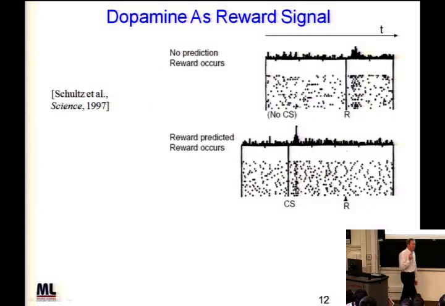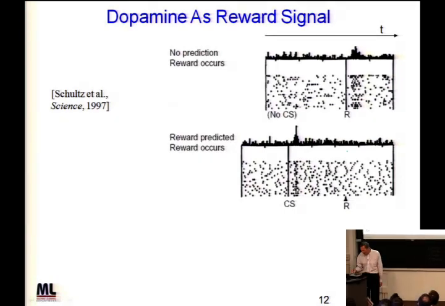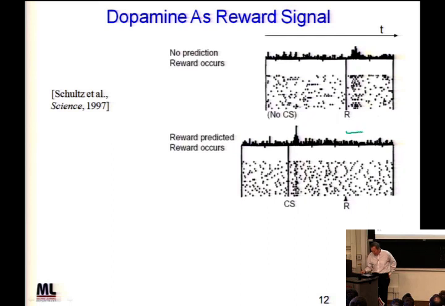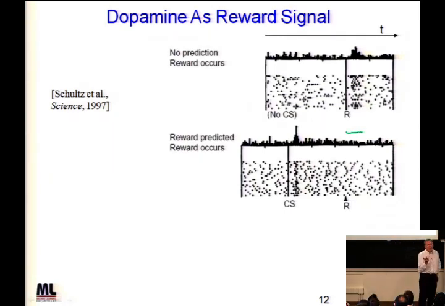Same neuron. So now what's interesting is after the monkey learns that the light precedes the reward, that neuron no longer fires particularly intensely when the sugar appears. Instead, it's firing when the light appears. So I guess that neuron's not the sugar tasting neuron.